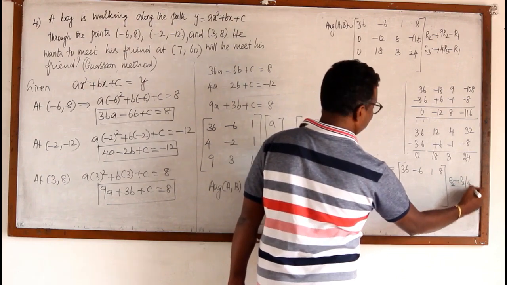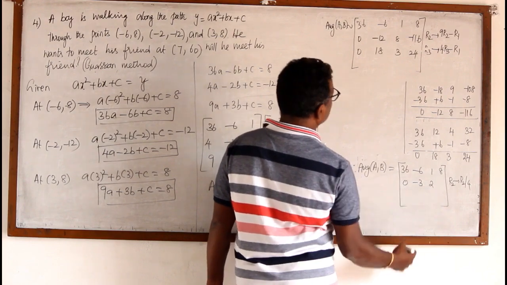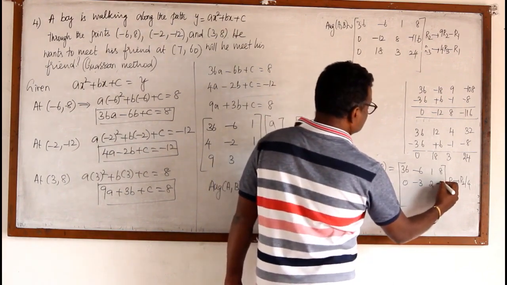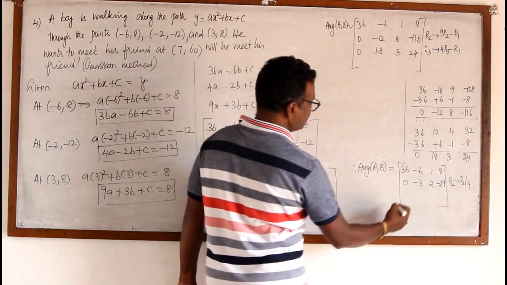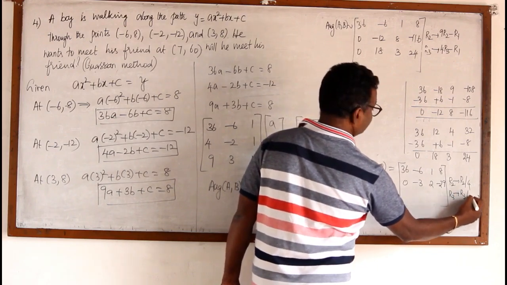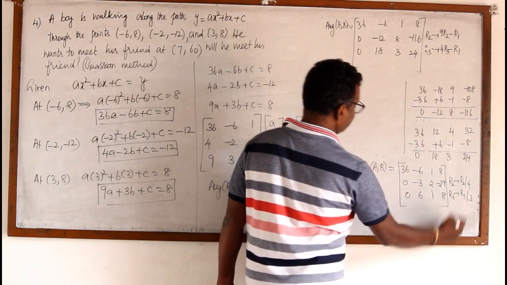R2 by 4 gives 0, minus 3, 2, minus 29. Similarly, R3 by 3 gives 0, 6, 1, 8.